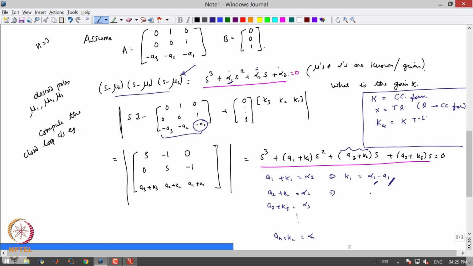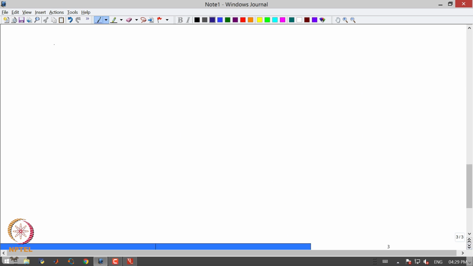So if I do not have the system in the controllable canonical form, we will just write the steps. First transform it into this controllable canonical form via x equal to T x cap.